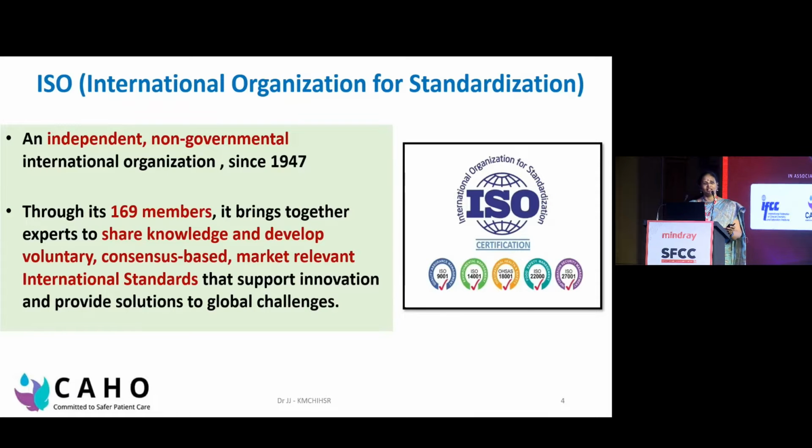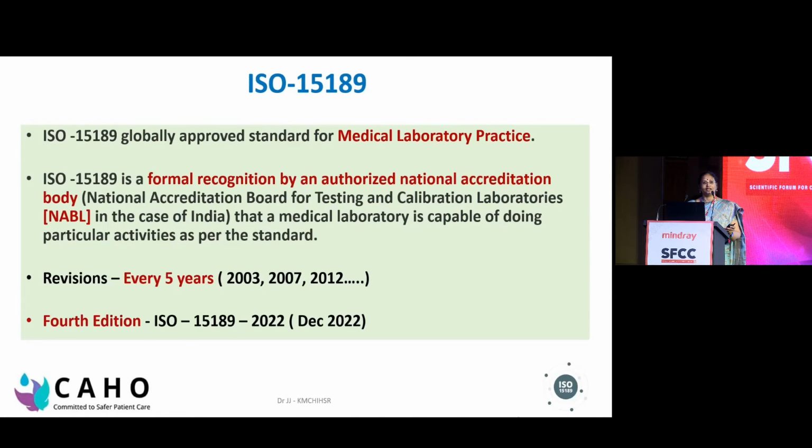ISO has multiple verticals and looks at multiple things for standardization. We're going to look at ISO 15189, which is a globally approved standard for medical laboratory practice. ISO 15189 is formally recognized by an authorized national accreditation body, in our country NABL, that a medical laboratory is capable of doing a particular activity as per the standard.